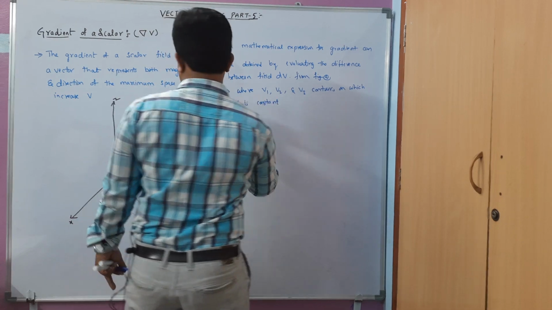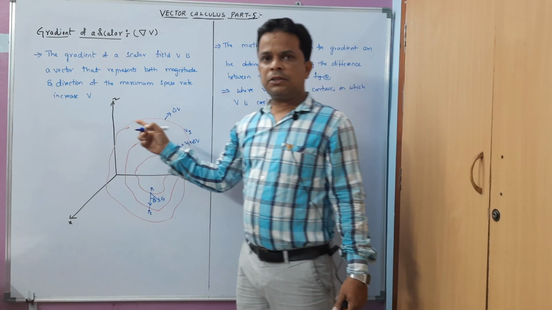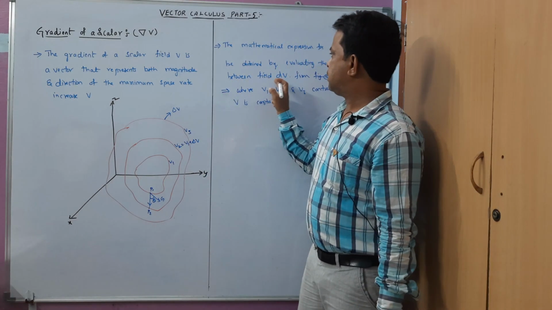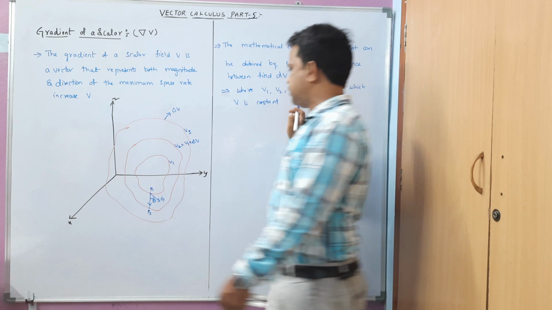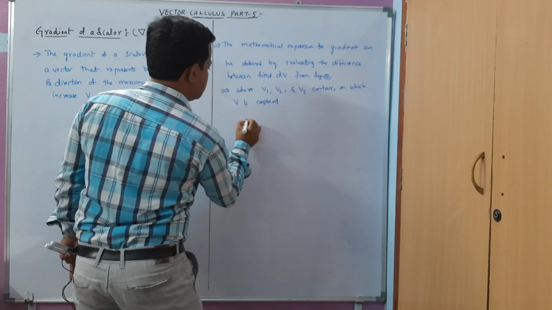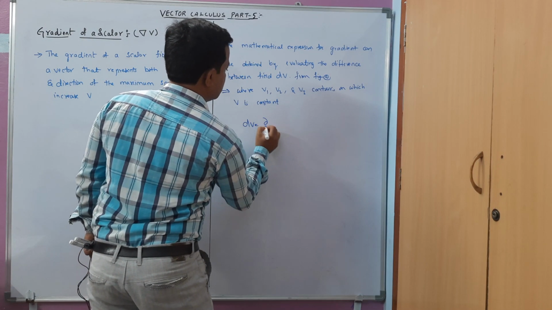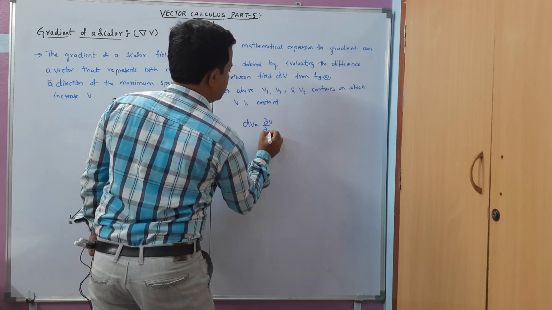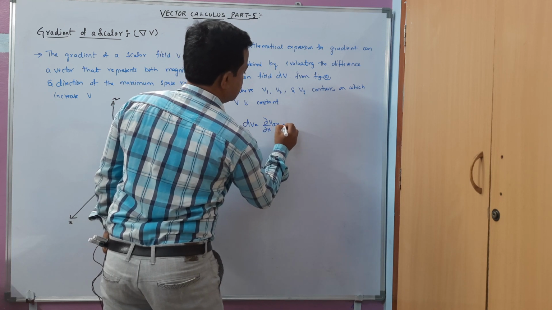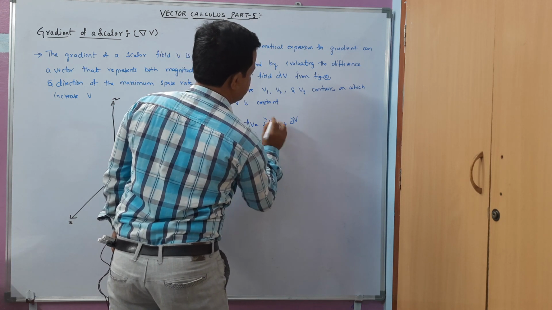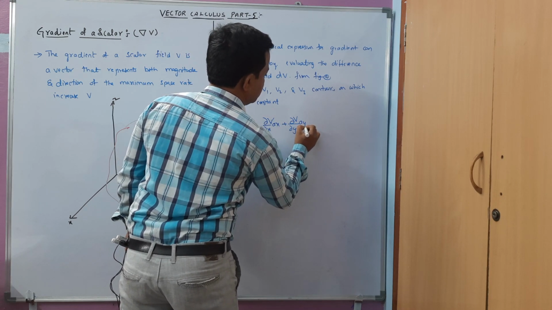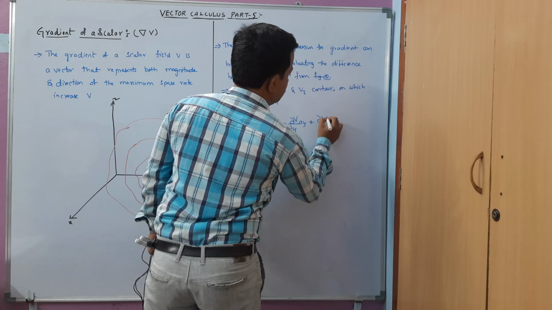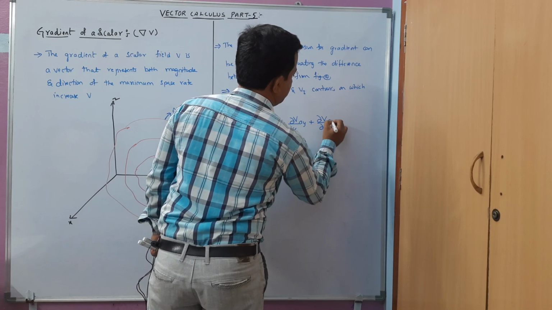Now we will write the mathematical expression for this. As we have said, we are going to calculate the difference between the field dV. We write dV equals dou V by dou x of Ax plus dou V by dou y of Ay plus dou V by dou z of Az.